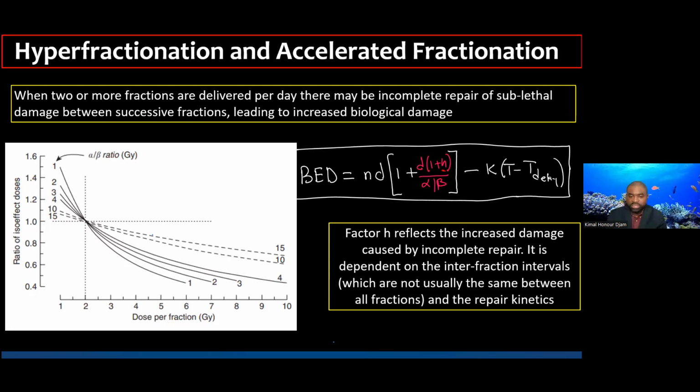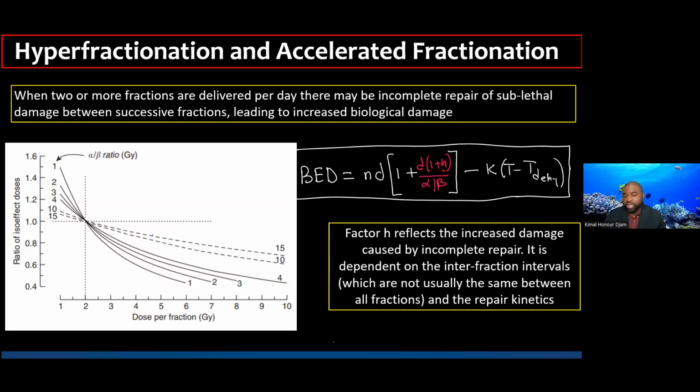In other words, the rate of repair in late responding normal tissues, keep in mind, tends to be much slower than in tumors. And so if two fractions are given close together, less repair may have occurred in normal tissues than in tumor, which is essentially a therapeutic disadvantage.